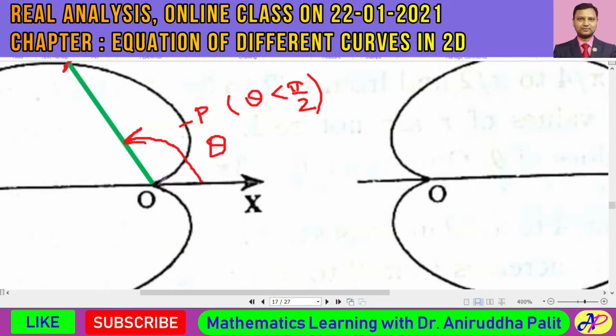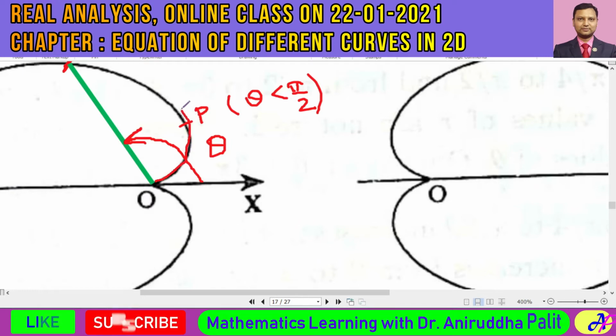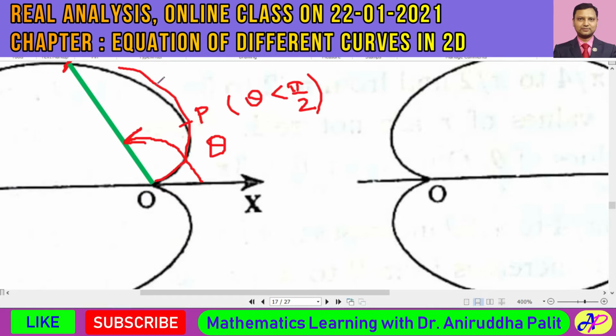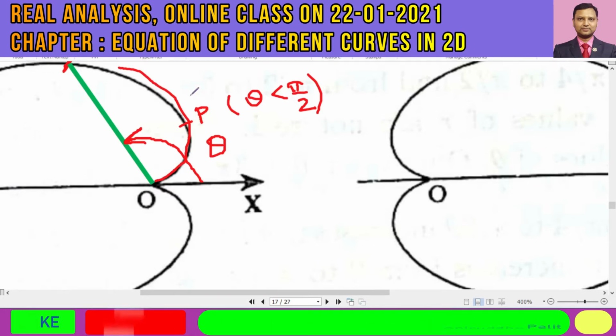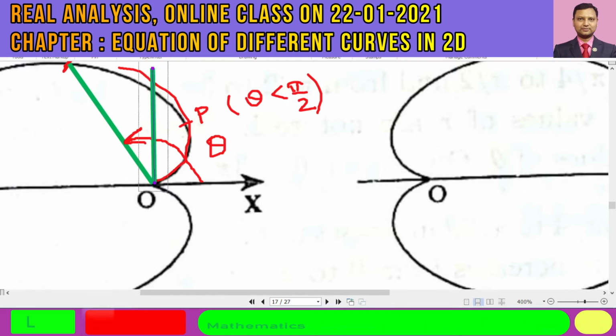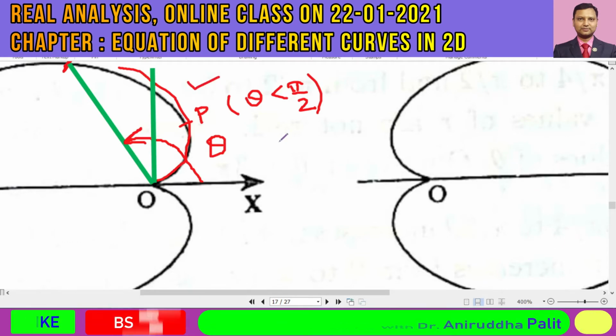And as P moves along this curve, theta would increase in the positive direction. Let me draw a straight line over there. Up to this much, theta would be less than pi by 2.